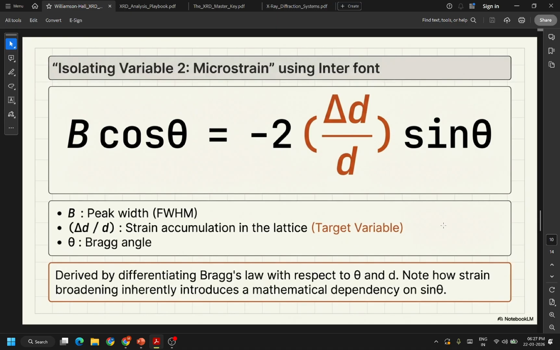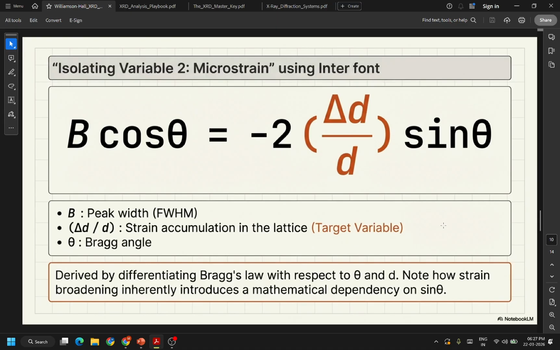But if you have microstrain also involved, then your B cos theta will be equal to minus 2 delta d by d sine theta, where your delta d is the strain accumulated in the lattice. So now you can see your B cos theta is inherently dependent on sine theta also.